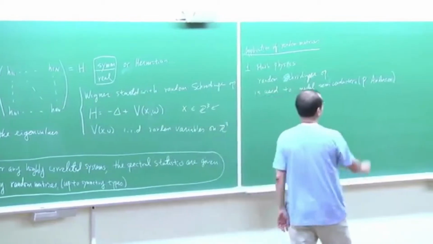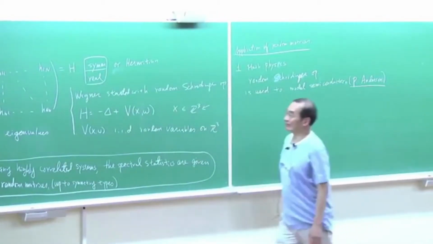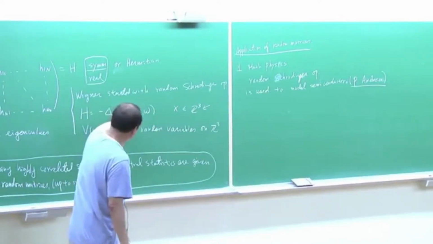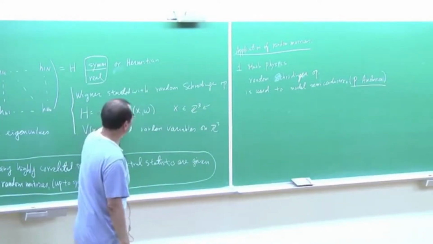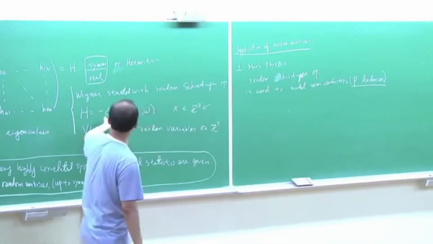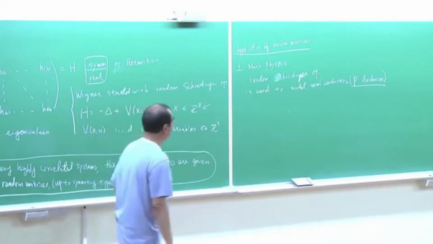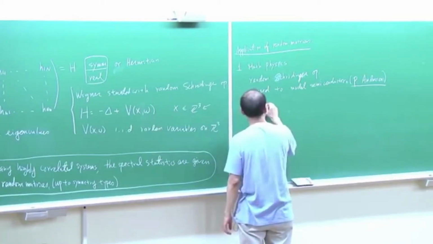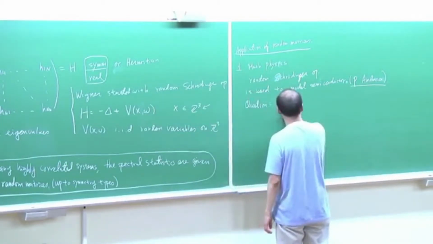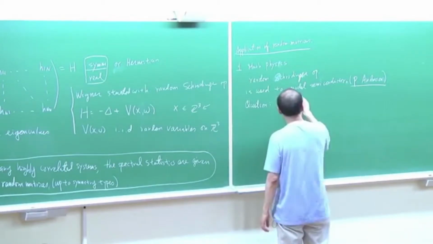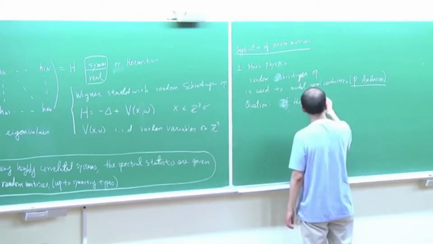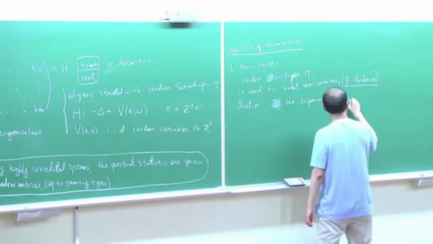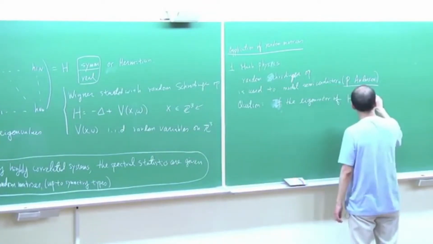Anyway, he got the Nobel Prize. This is historical, very interesting. Anderson used this random Schrödinger operator to model a semiconductor, but actually this was used by Wigner previously. And the question was whether the eigenvectors of H are extended.